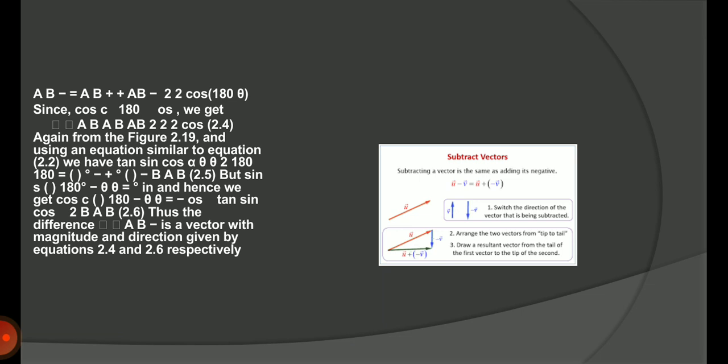Then the difference of the vectors A minus B has the magnitude and the direction given by 2.4 and 2.6 respectively.